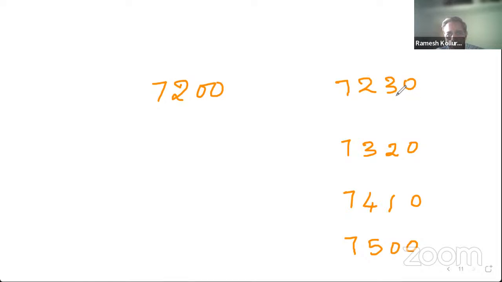Because 3 is there, whenever 3, I'm subtracting 30 from this, minus 3 here, and I'm getting 720. Right? So 720 means, because I'm subtracting 30, I have to add 30. So this is sine 30 degrees. Sine 7230 means sine 30 degrees.